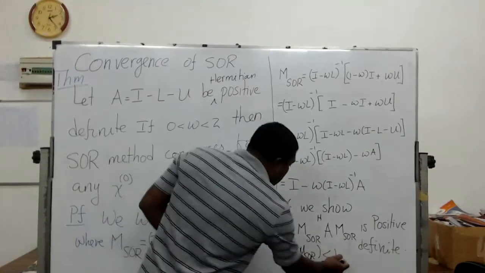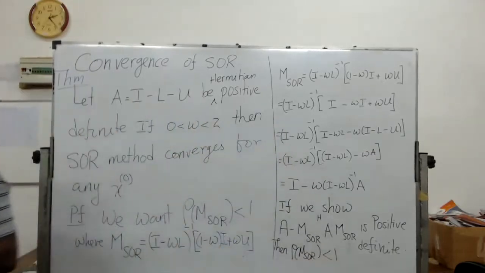So if we show that it is positive definite, then by the lemma we studied in one of the last classes, we can say that this one is less than 1.